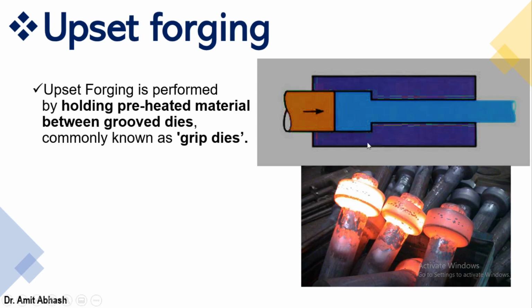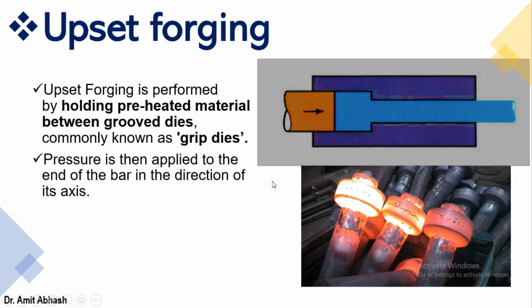As you can see in the upper figure, we have applied the force from this side, along the axis of the die, so that the material will flow into this one and change the shape of the final product. The second point is that pressure is then applied to the end of the bar in the direction of its axis. So in the direction of its axis we have applied the force to get this final product.